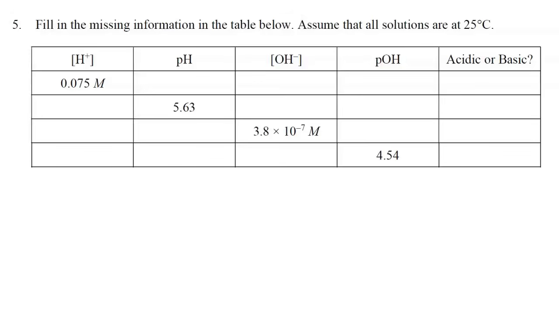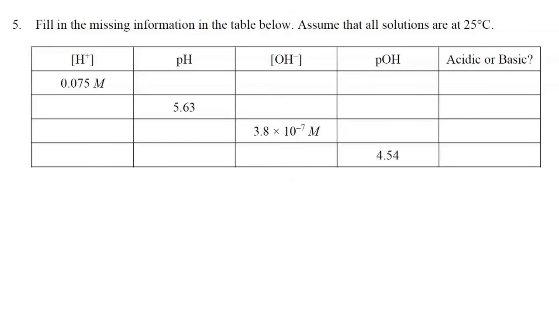So with respect to the calculations in question 5, hopefully at the end of question 5, you will appreciate how these quantities of H+ and OH-, their concentrations, and pH and pOH, they're all interconverted with the appropriate relationship mathematically. So as long as you know one of these 4 quantities, you can calculate the other 3.